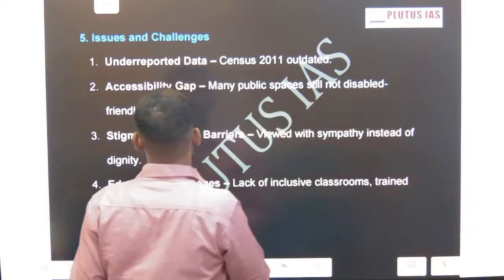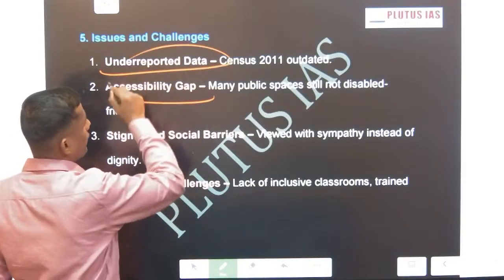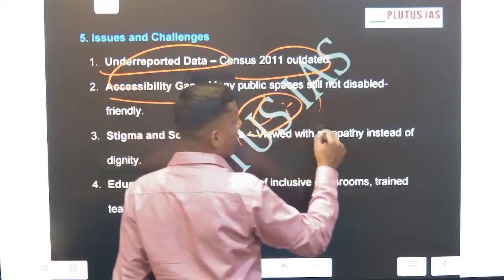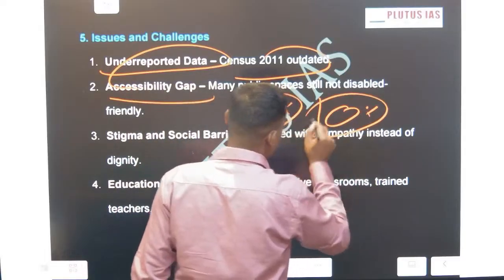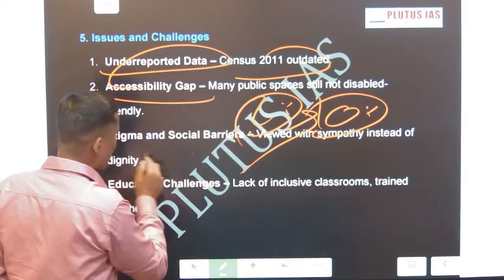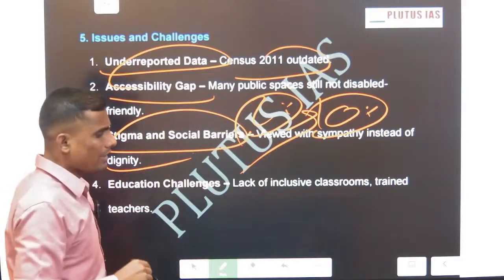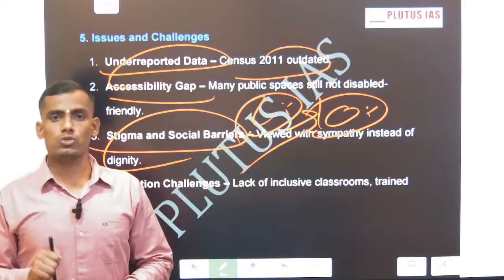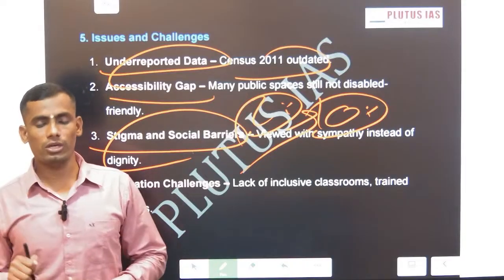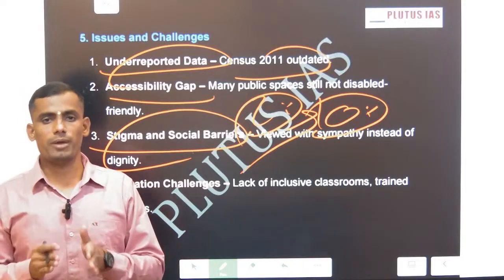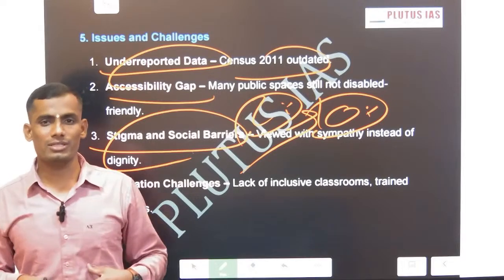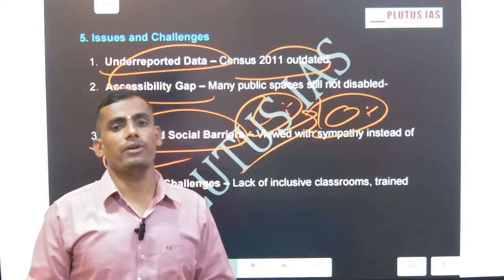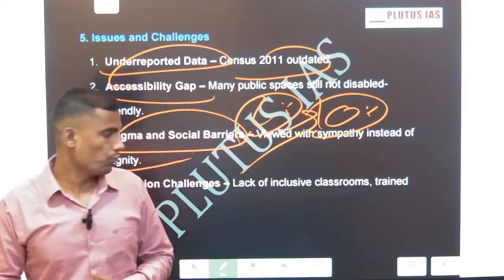So now we are going to discuss what exactly the issues and challenges are. Accessibility gap, then unreported data. As I mentioned earlier, the official data is 2%, but the World Bank says it is 10%. This data gap is there. Then stigmatization and social barriers. All this shows a mismatch between what the government is doing on one hand and what citizens are doing on the other, and the exact beneficiaries are lagging, not getting the benefit of the government initiatives.